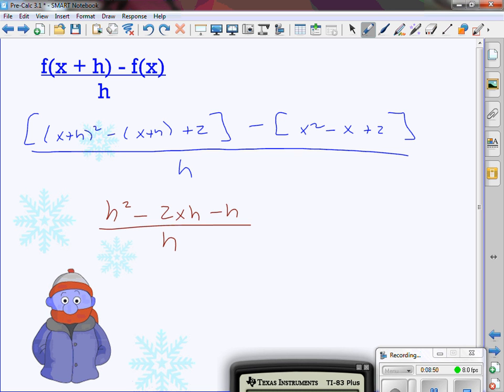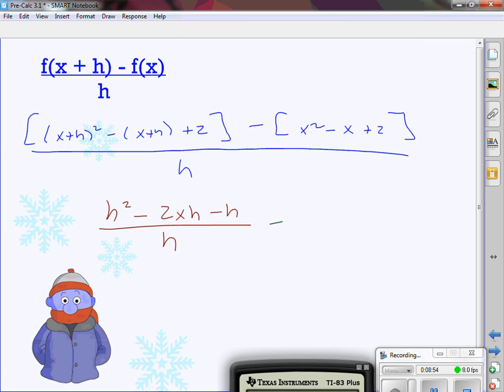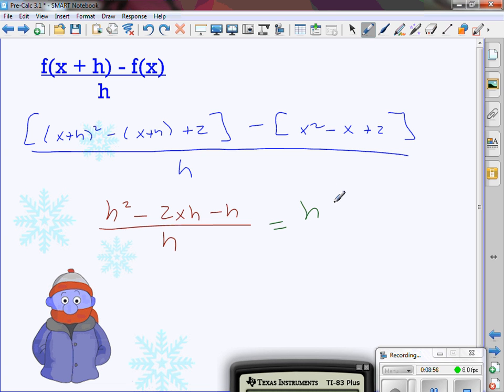Every single term has an h, because I could technically pull out an h. I pull out an h, it's h minus 2x minus 1, all over h. The h's will cancel out. Your answer is h minus 2x minus 1.